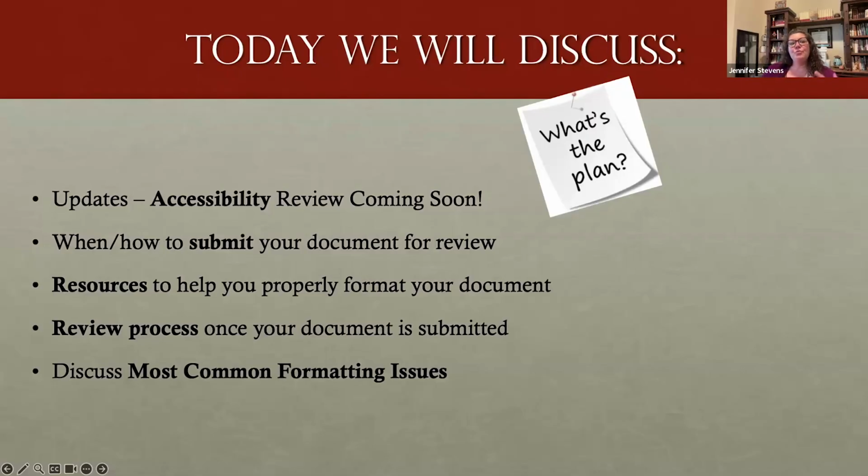Then I'll talk through what the review process looks like, so what you can expect with the back and forth with your reviewer, just so you're prepared for that whole process. And finally, I'll go over a couple of the common formatting issues that I've seen.